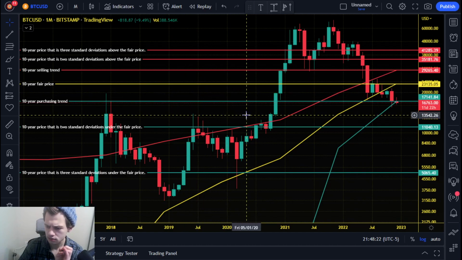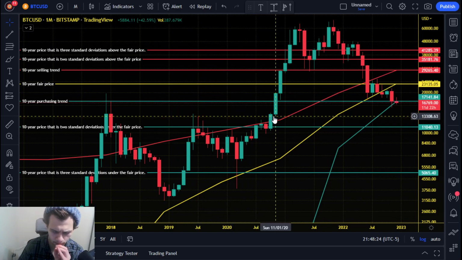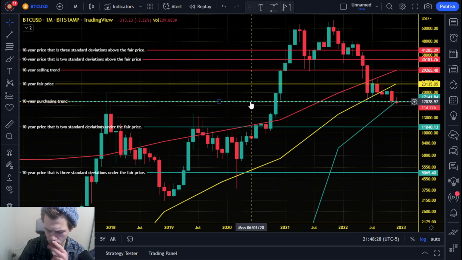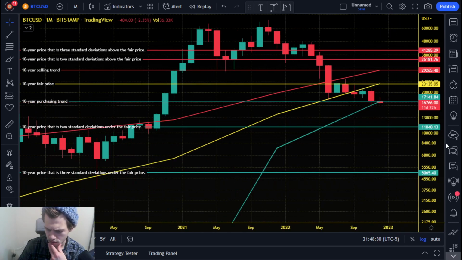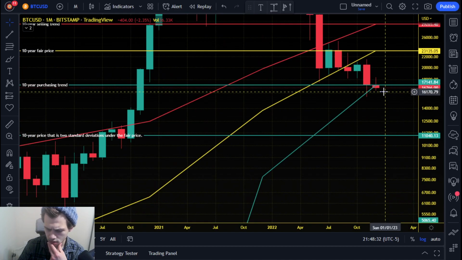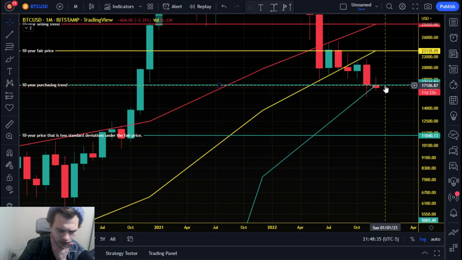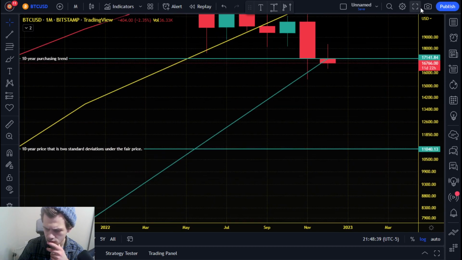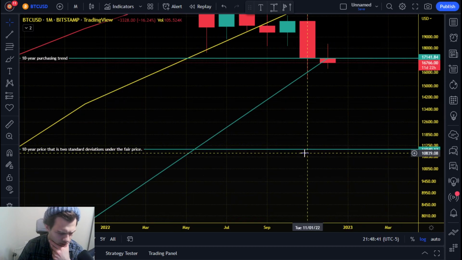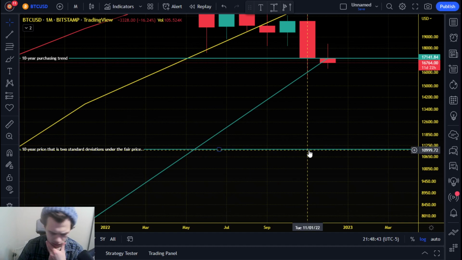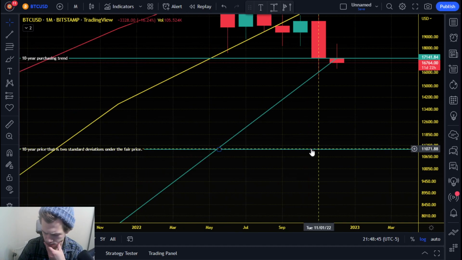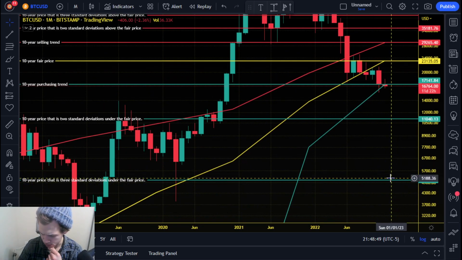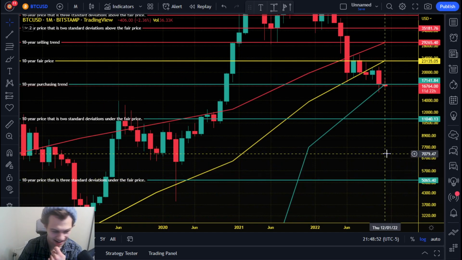Fair price ranging at 23k. 1 standard deviation under fair would be about 17k. 2 standard deviations under fair would be about 11k. 3 standard deviations under would be 5k.